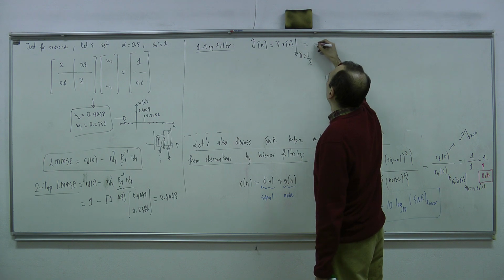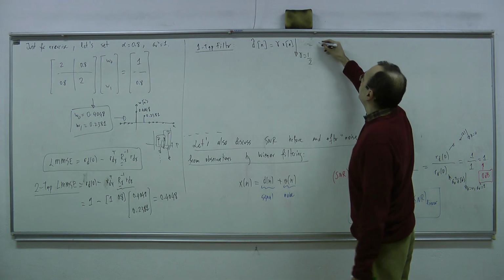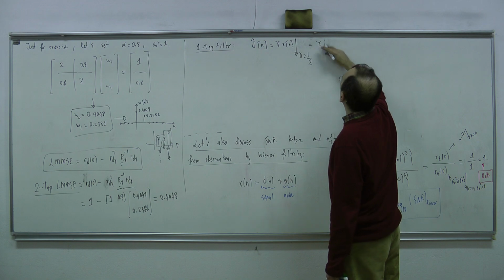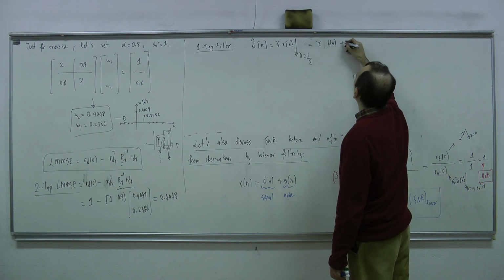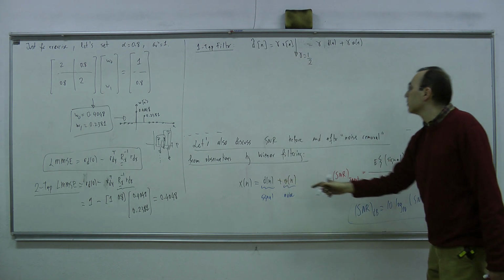Am I right? Then this is equal to gamma d of n plus gamma v of n, because x of n is this.